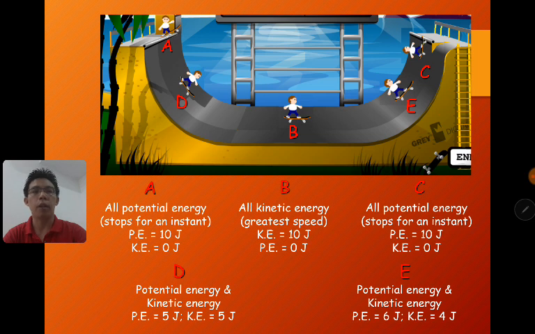So if you look at the flow of it, A, then followed by D, then B, then E and C. As potential energy decreases from A, kinetic energy will increase to a maximum at B, and then potential energy will increase again as it goes up, and kinetic energy decreases at the same time.